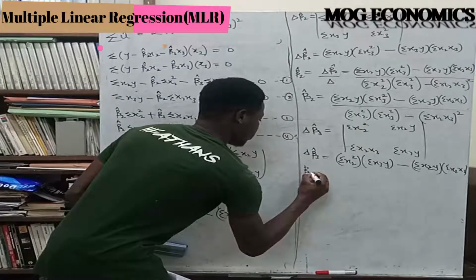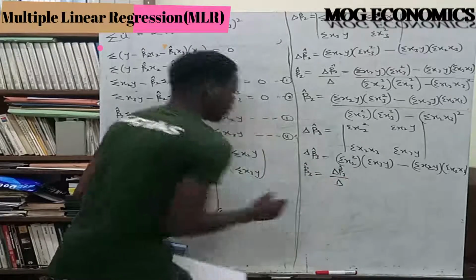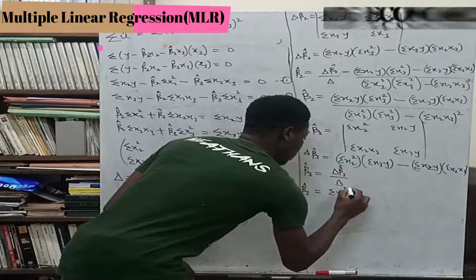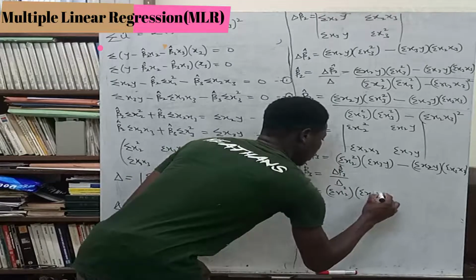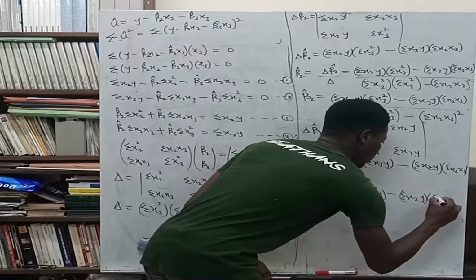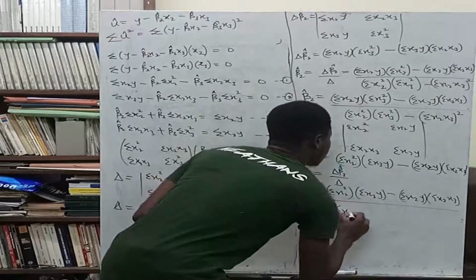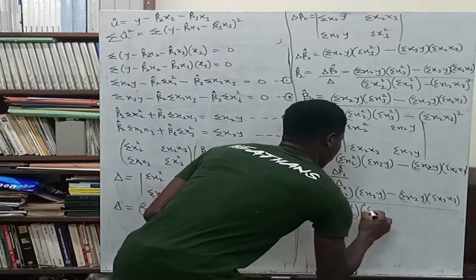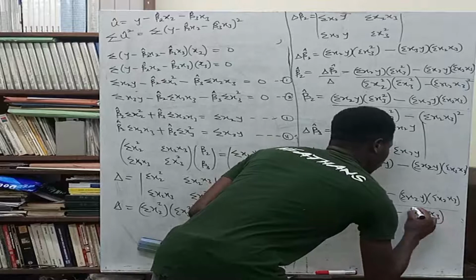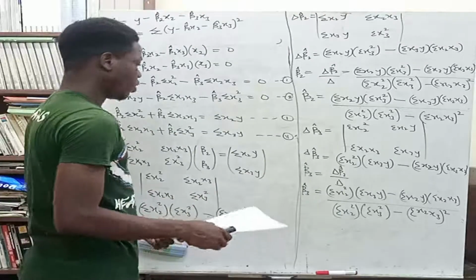Then to get beta 3, we have this divided by the general determinant. So beta 3 equals summation x2 squared summation x3y minus summation x2y summation x2 x3 over the general determinant, which is summation x2 squared summation x3 squared minus summation x2 x3 all squared. So that's how we derive beta 3 also.